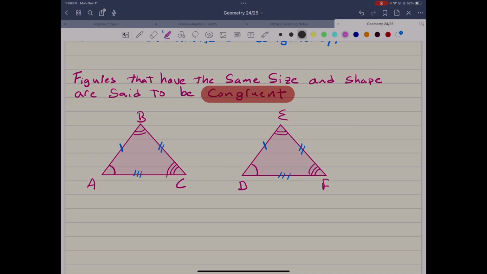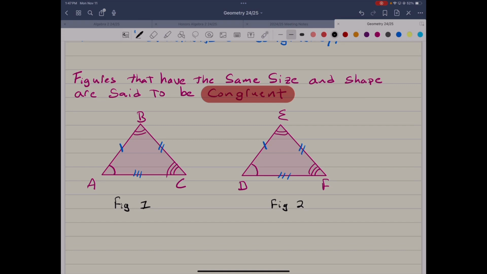So angle A on our figure 1, and we call this figure 2. Angle A on figure 1 is congruent to angle D on figure 2. They each have one arc. Angle B is congruent to angle E, and angle C is congruent to angle F.